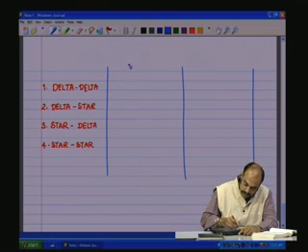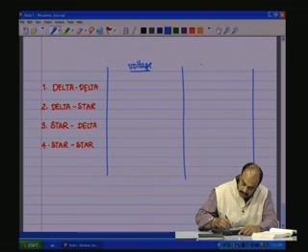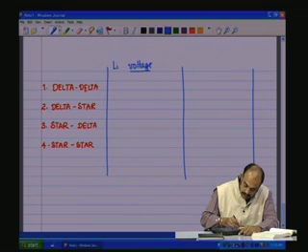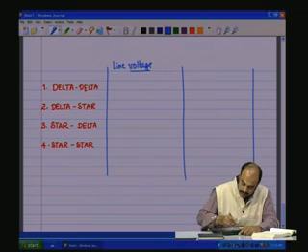One is the voltage relationships, or shall we say line voltage, line currents.